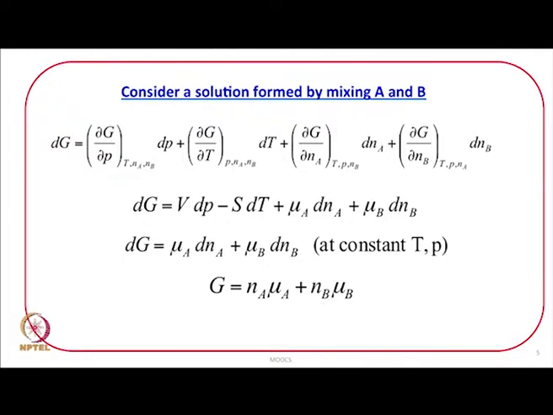So please remember that if I have the information on the chemical potentials of A and B, and the number of moles of A and B, I can calculate the value of Gibbs free energy.